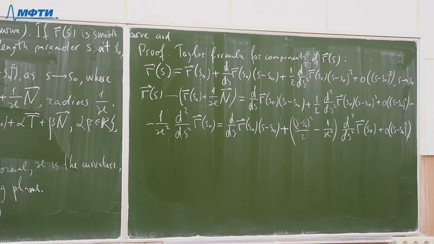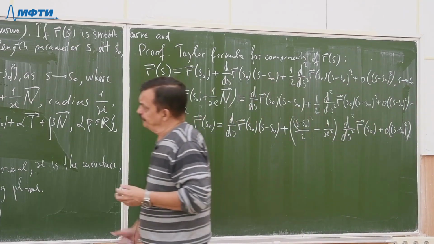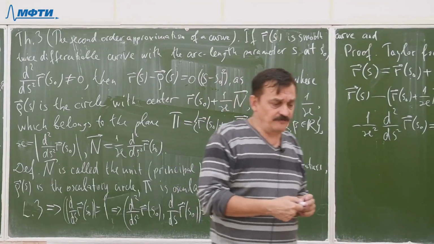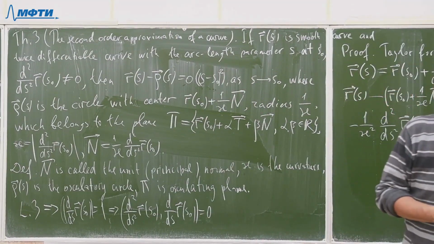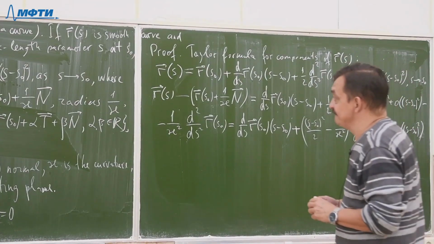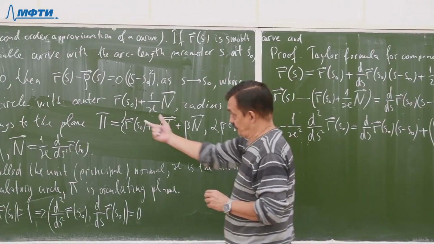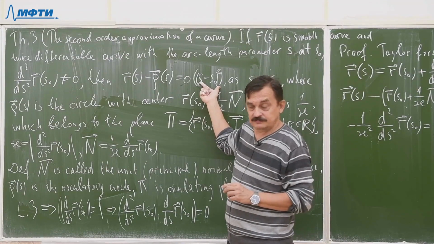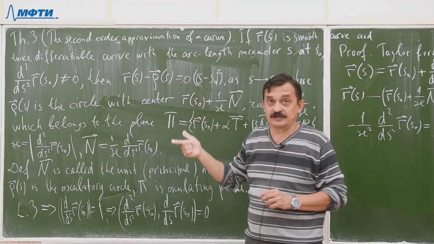Okay. Now, recall, I want to prove that R of S is, roughly speaking, a circle up to quantities of order greater than 2, right?